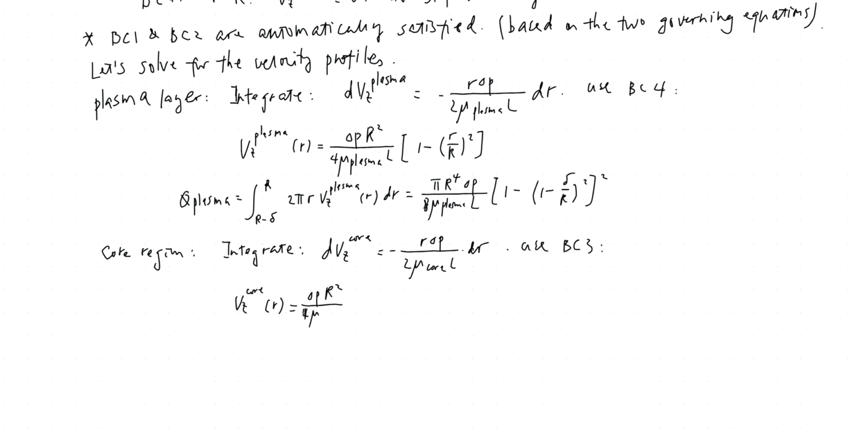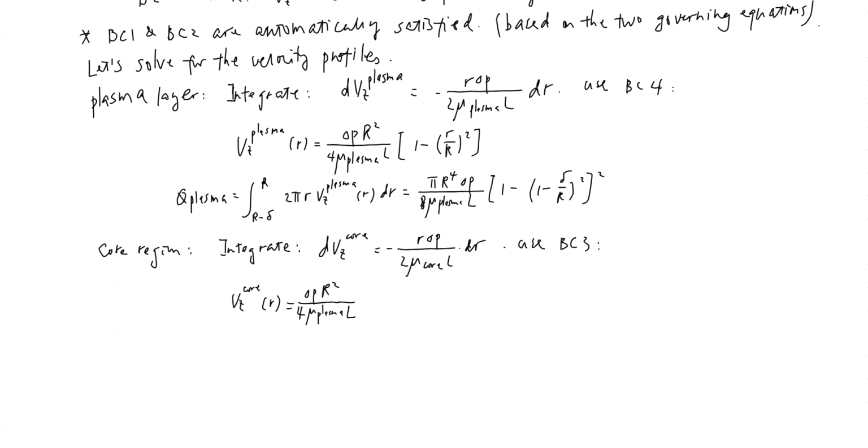So it's delta P R squared divided by 4 mu plasma multiplied by L. Then you have a big parenthesis. So verify this on your own. It's important to be able to verify these as a practice.